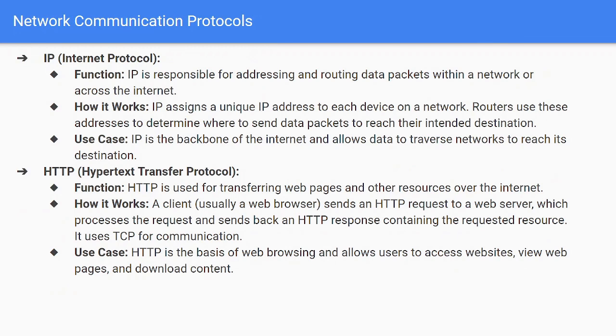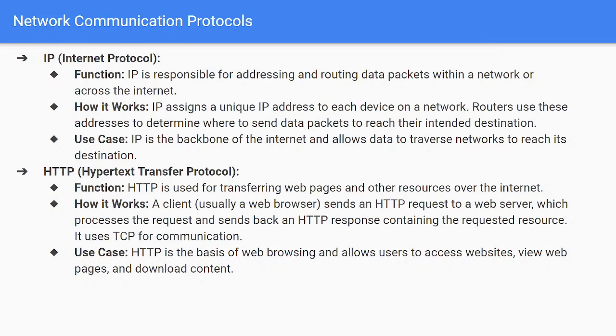Then we have IP. IP is Internet Protocol. Function: IP is responsible for addressing and routing data packets within a network or the internet. So you talked about IP addresses. The protocol that is responsible for assigning an IP address to each device connected to the internet is called the Internet Protocol.